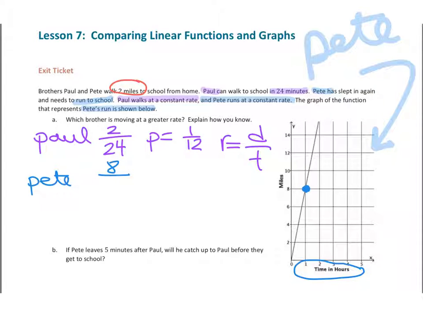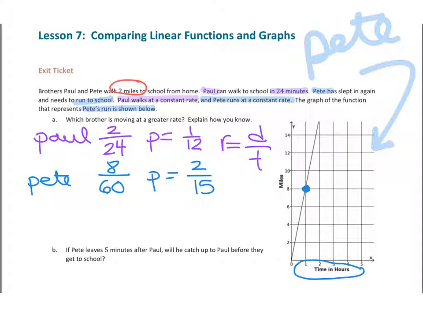Well, if we list Paul in minutes, we need to list Pete in minutes in order to accurately compare their rates. So how many minutes are in an hour? 60, yep. So we're going to reduce this. P equals 2 over 15. 8 divided by 4 is 2. 60 divided by 4 is 15.